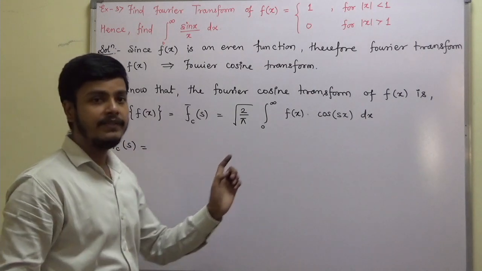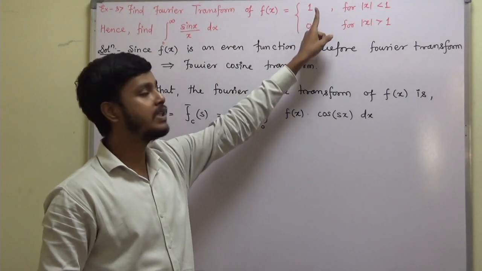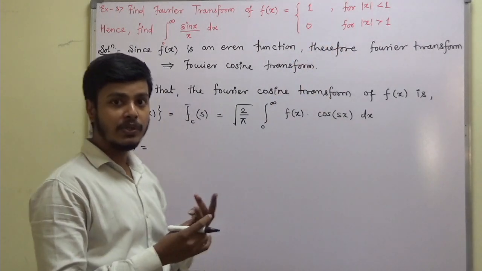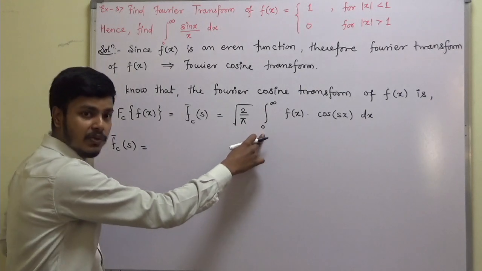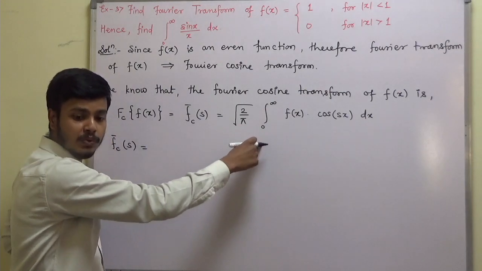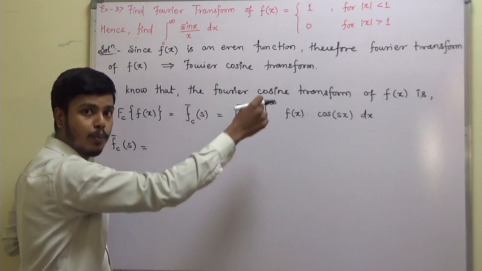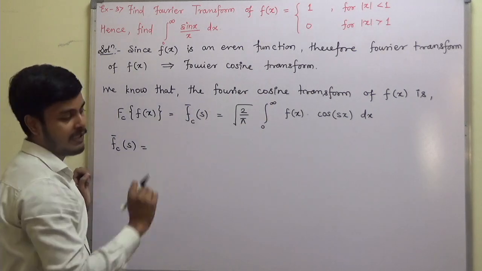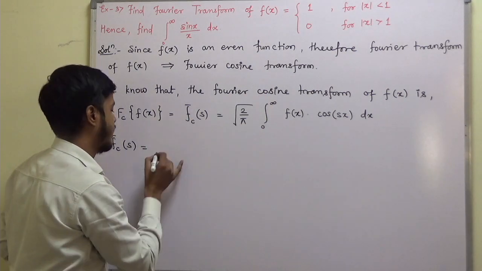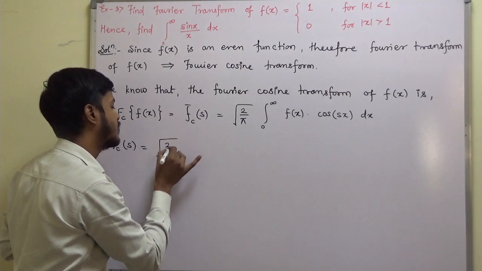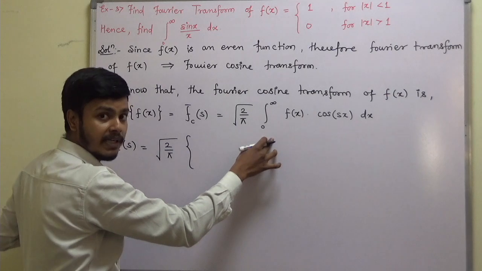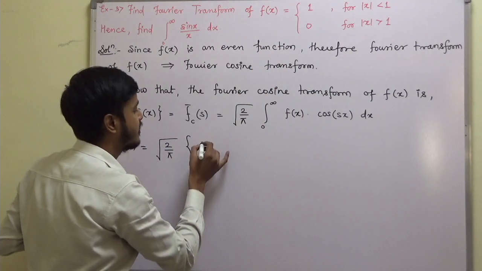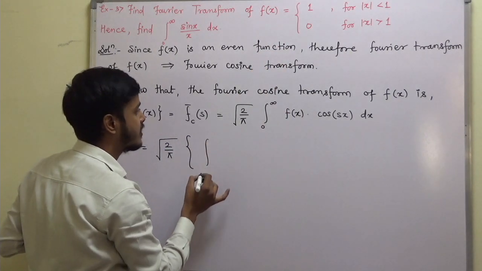Now if you look at the function, it has values 0 and 1. So what I am going to do here is, I will break this interval 0 to infinity as 0 to 1, then 1 to infinity. Okay, so let me write this one as under root 2 by pi, and here I am breaking. Why I am breaking? Because two values are given, that's why.